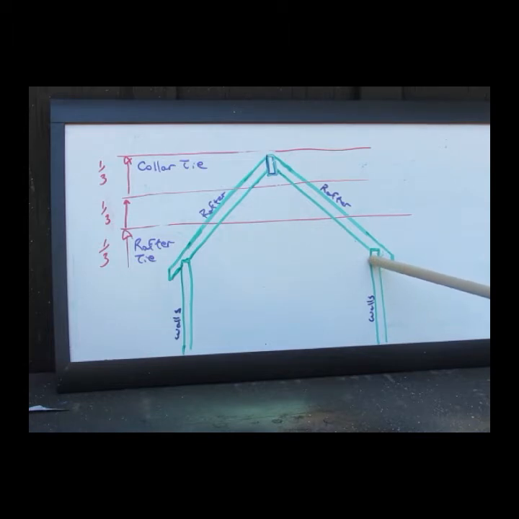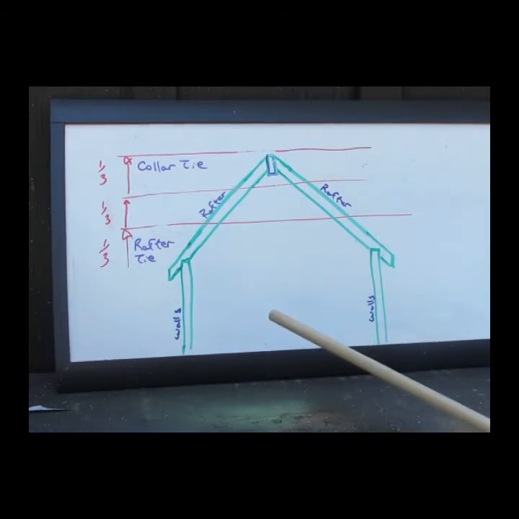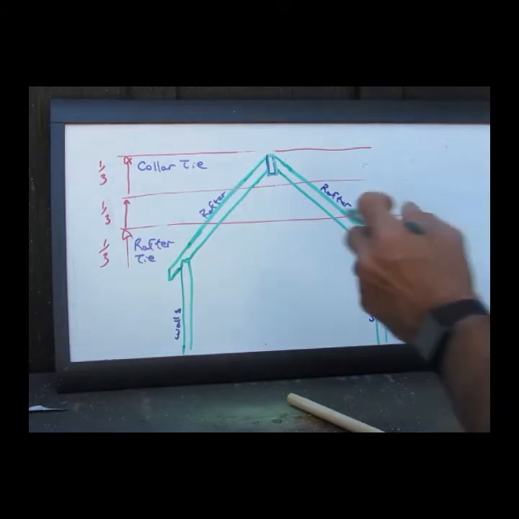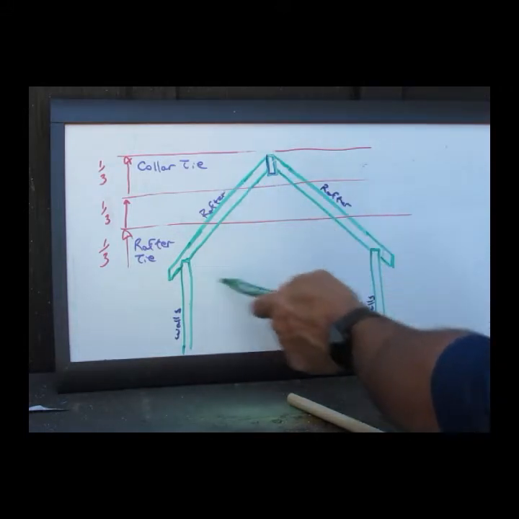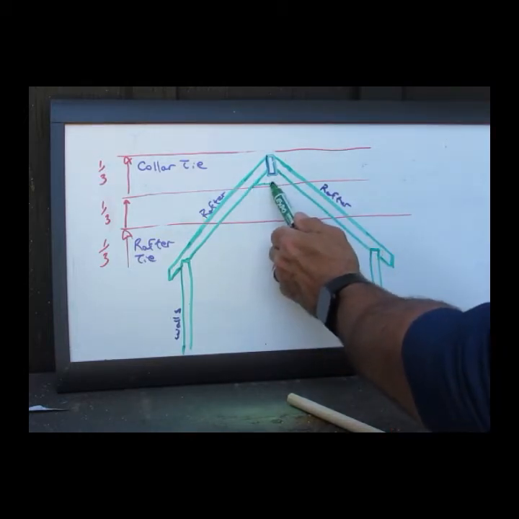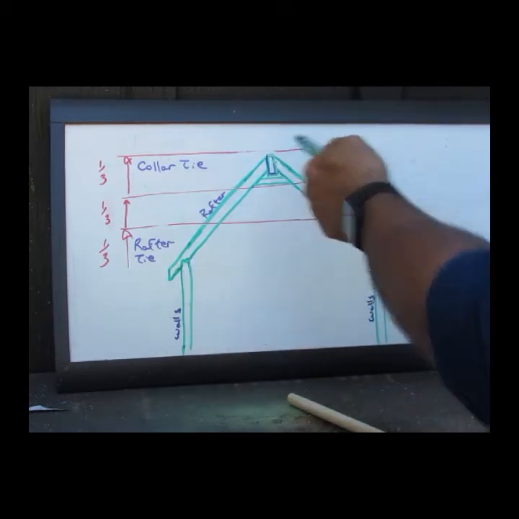That has a very interesting job to do, and that will be in the section immediately following this little discussion. So in order to make sure that, well, first off, the top of the roof doesn't come apart due to updraft from climate and weather and wind, what we do is we take a measurement from the top third of this entire triangle, and we can add a collar tie anywhere in the top third from the top of the wall to the peak.